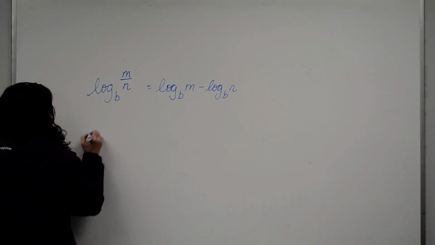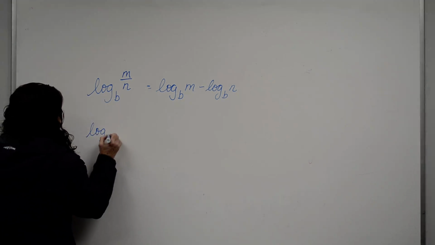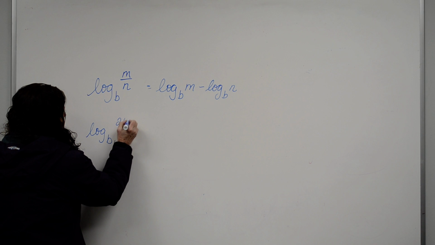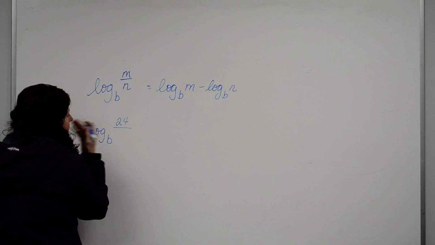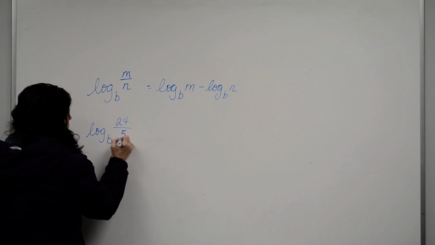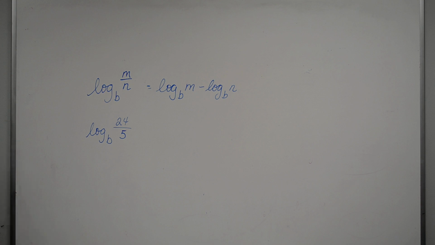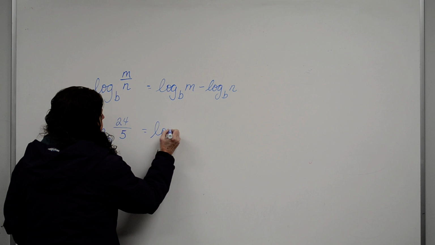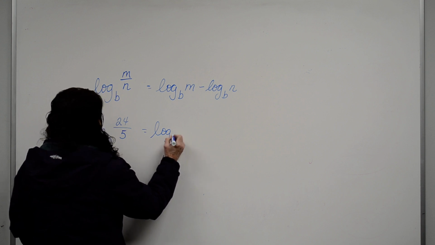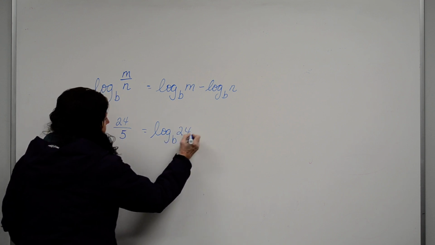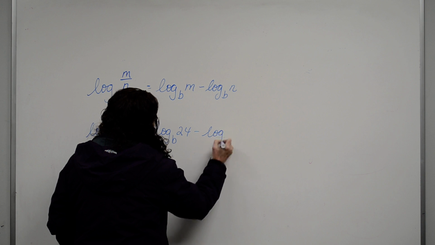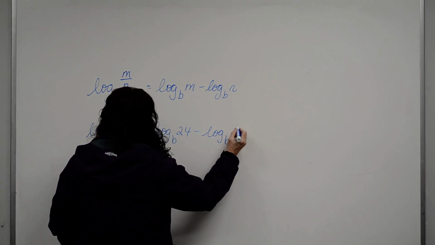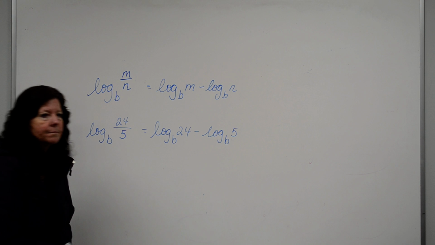So let's say I have the log of base 8 of 24 over, let's do 24 over 5 so it doesn't come uneven. That's the same as saying the log of base b of 24 minus the log of base b of 5.